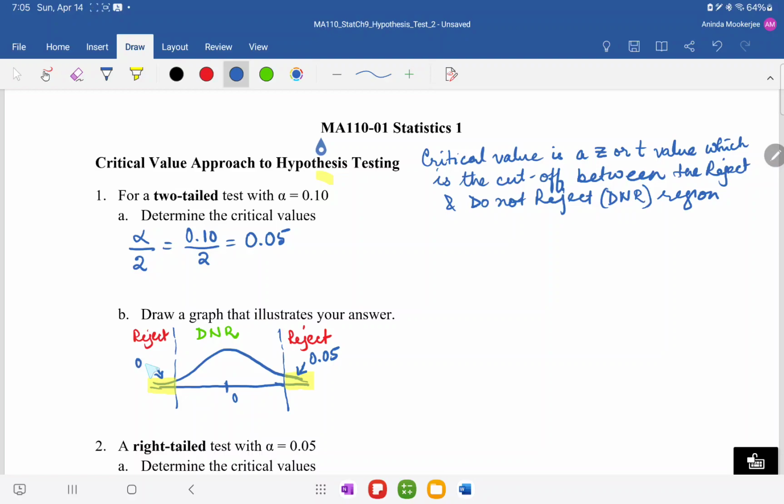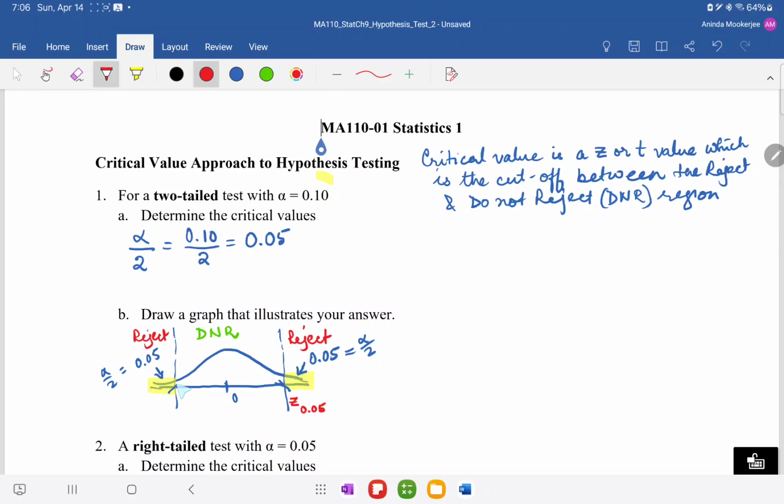It's alpha by 2, same for this one, alpha by 2. And the cutoff values, which are always z values or t values as the case may be, are going to be the z value corresponding to 0.05, this area. On the right-hand side, it's going to be z of 0.05.